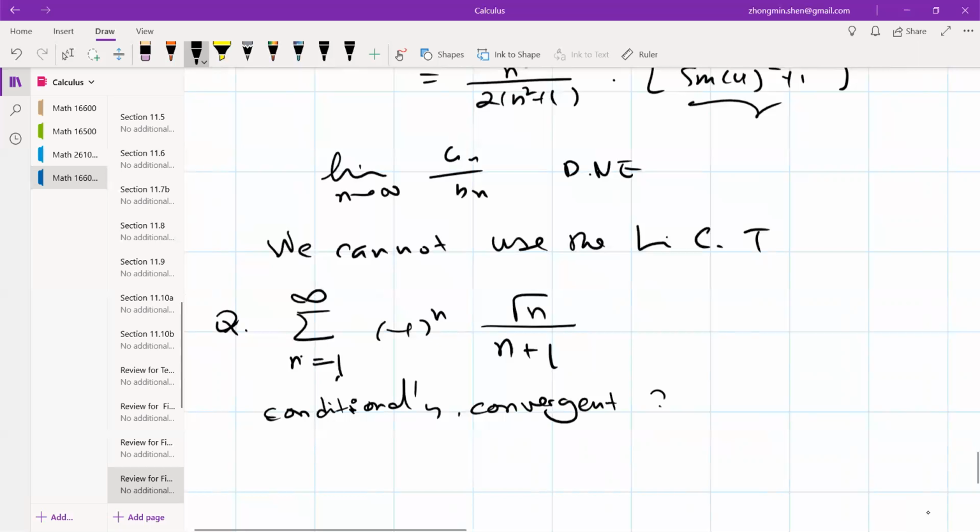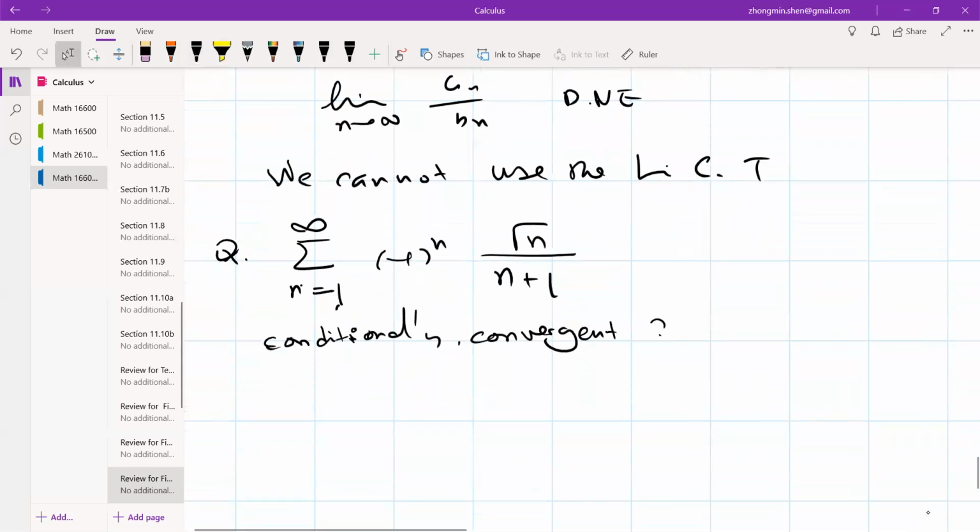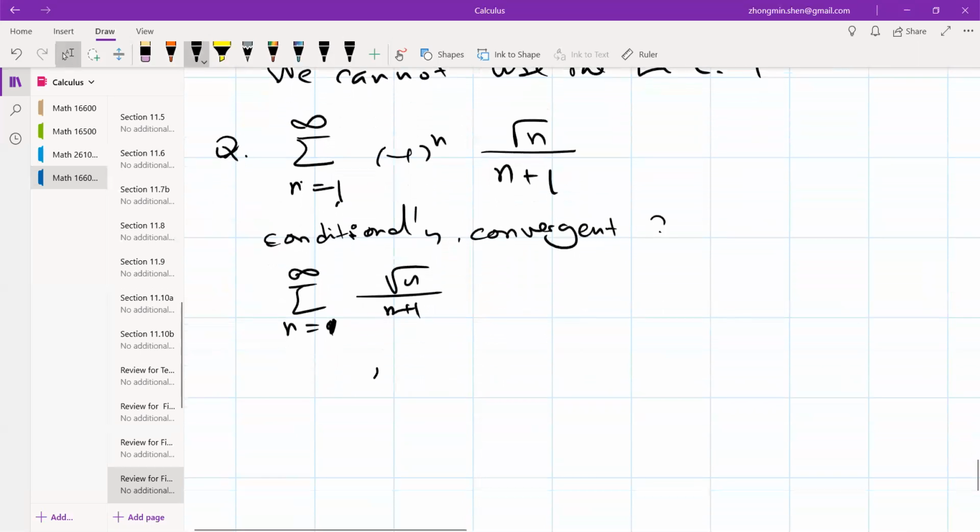In general, you look at this, and clearly this is going to be divergent. Why is it divergent? Because this is actually going to be like a bn.